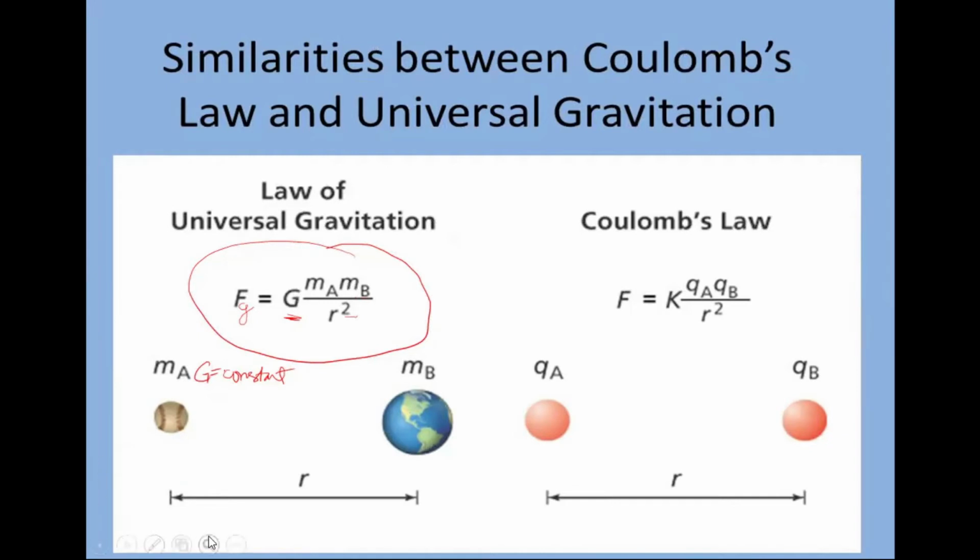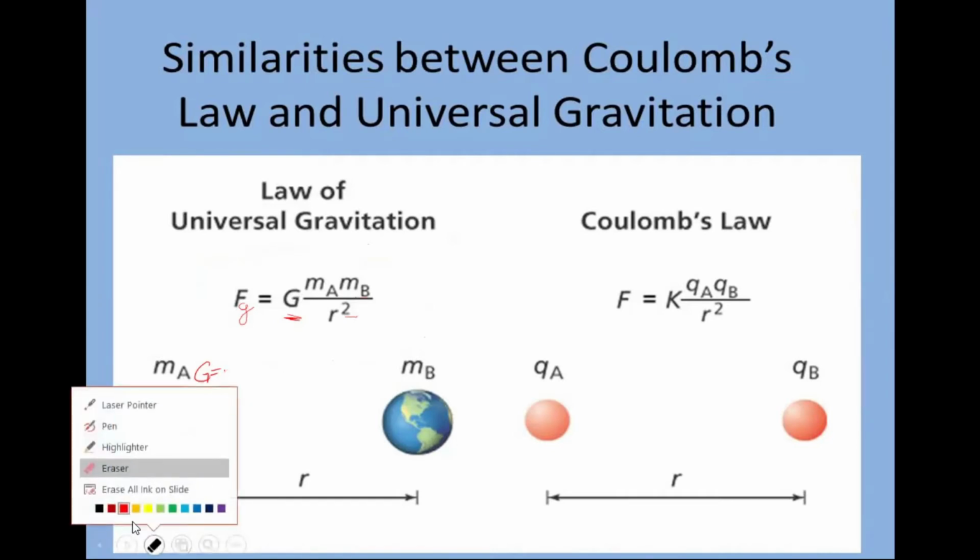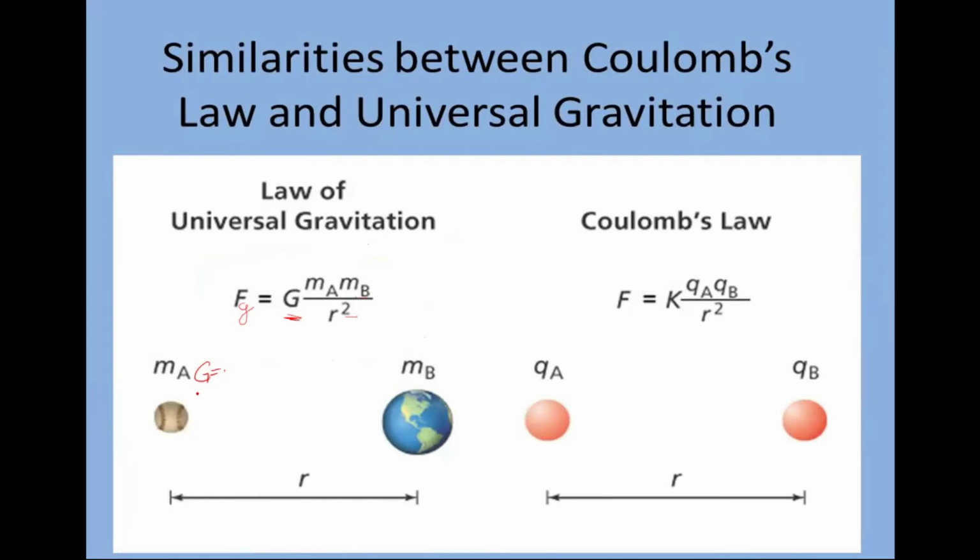Let me stay a bit on the gravitational constant. Our G is the gravitational constant, and according to the previous slide, that is 6.67 times 10 to the negative 11 Newton meter squared per kilogram squared.